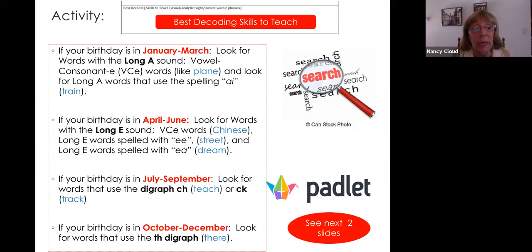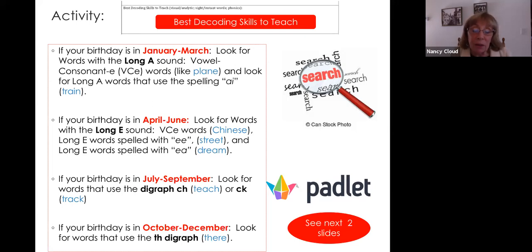If your birthday is from the beginning of July to the end of September, please look for the digraphs CH and CK: CH as in teach and CK as in track. All you're looking for is what you're assigned for your group, okay?